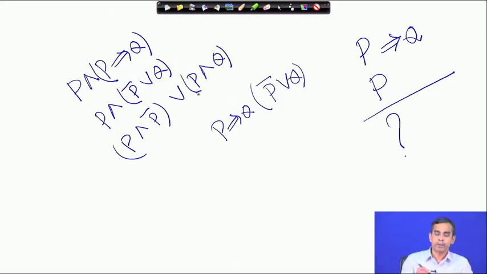Now, P and not P always gives 0. So, it is 0 or (P and Q), which is basically P and Q.